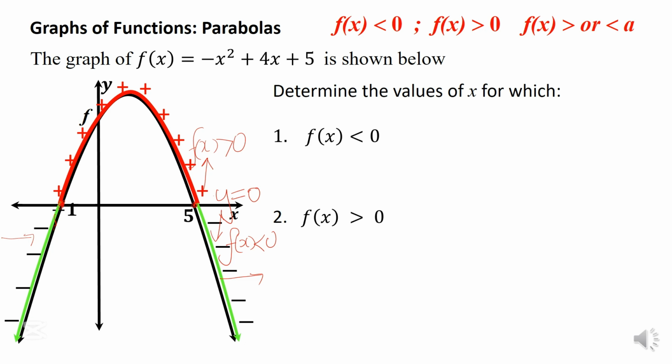So your answer for number 1, from negative infinity to -1, or from 5 to positive infinity, the graph is below the x-axis. It is below the line y is equal to 0. Therefore, we say f of x is less than 0.